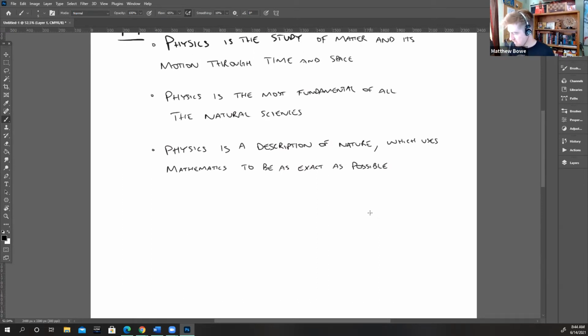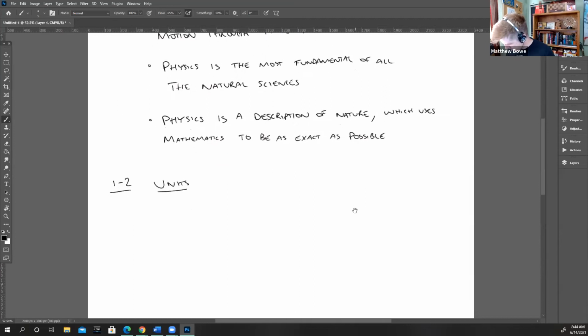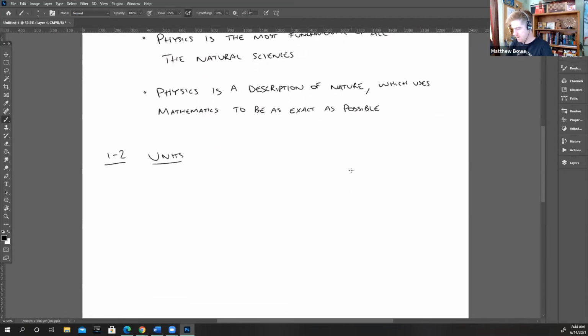So let me get on to some units. It's going to be 1.2. To describe things in nature, that ball flying through the air, we need a way to be consistent.